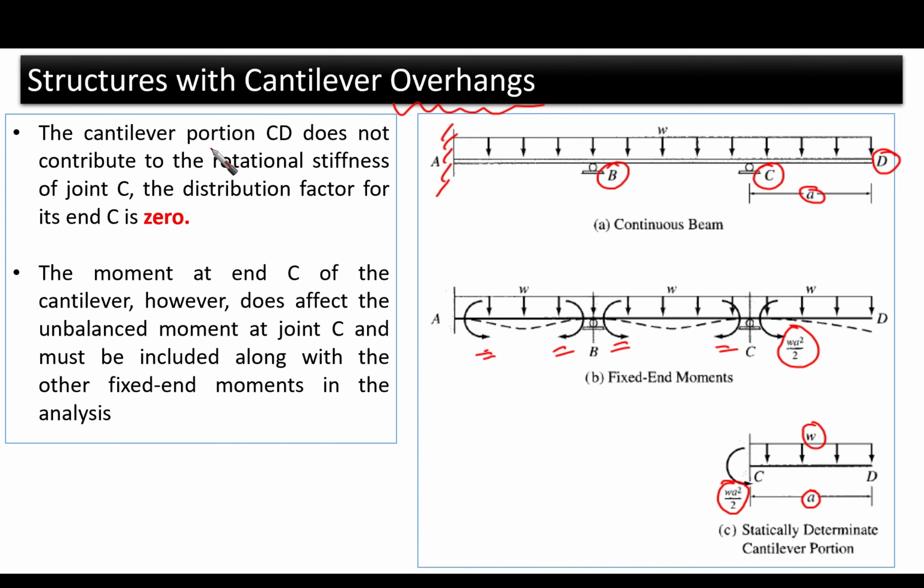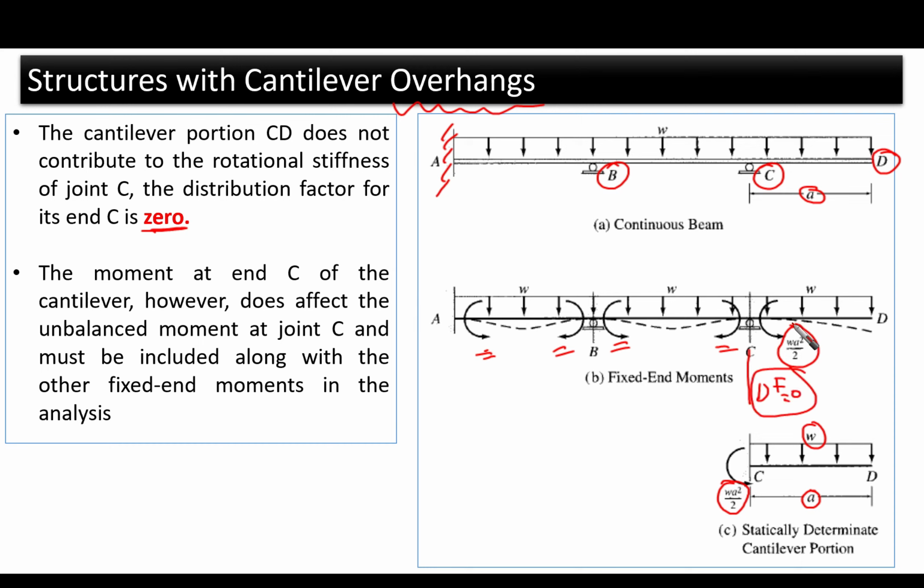The cantilever portion, CD, does not contribute to the rotational stiffness of joint C. Actually, that's right. It does not contribute to the rotational stiffness. Okay? The distribution factor for its end is 0. We're going to put the distribution factor equal to 0 here.